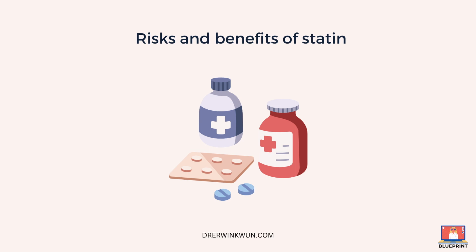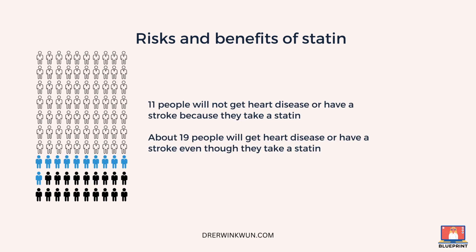So when we look at the QRISK of 30%, if we look at 100 people who've got this QRISK of 30%, if all of them take a statin, there will be 11 people who will not get heart disease or have a stroke because they have taken the statin. There'll be 19 people who will get heart disease or have a stroke even though they have taken the statin.